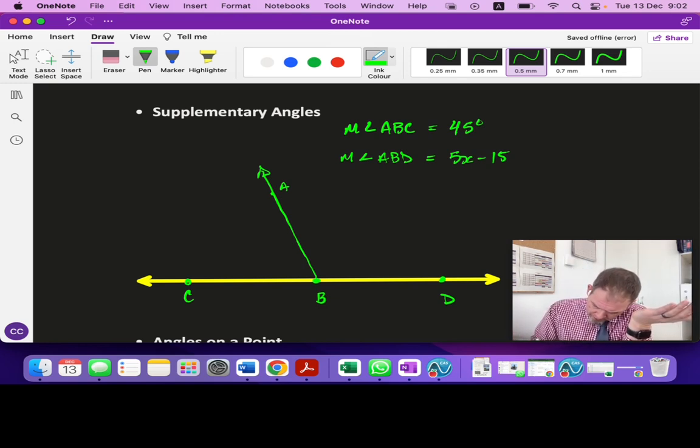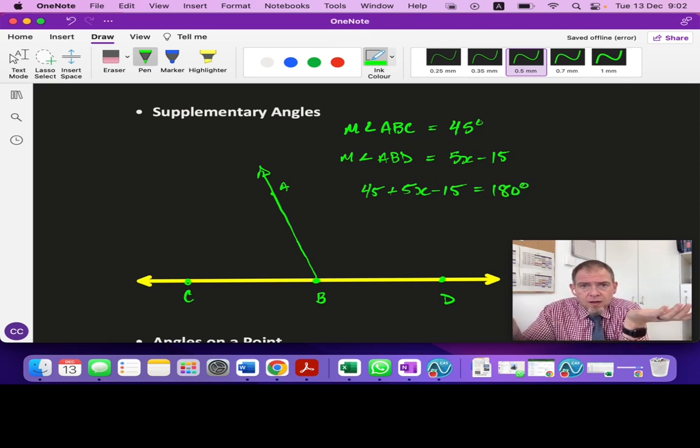So what that would look like is 45 plus 5x minus 15 equals 180, and then we set that up and solve.